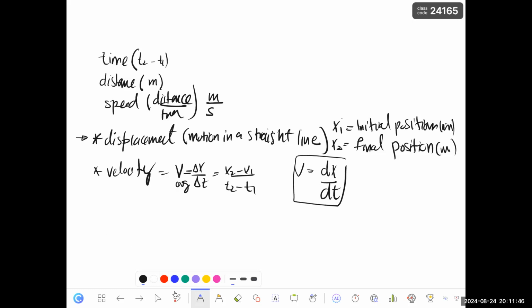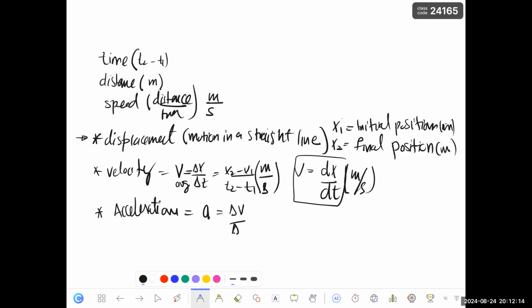Now, the last thing we learned about is acceleration. Oh, before I forget, the velocity unit is meter per second. Acceleration is nothing but how fast you change the velocity. So you can call it delta v over delta t.